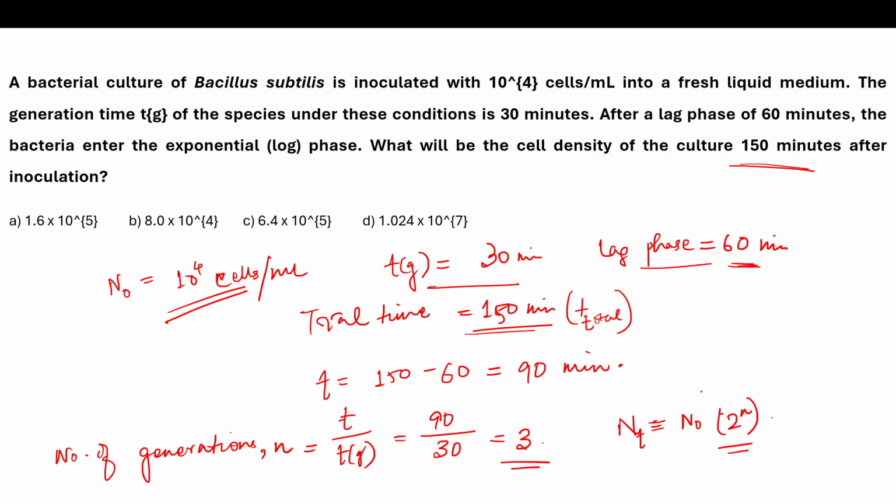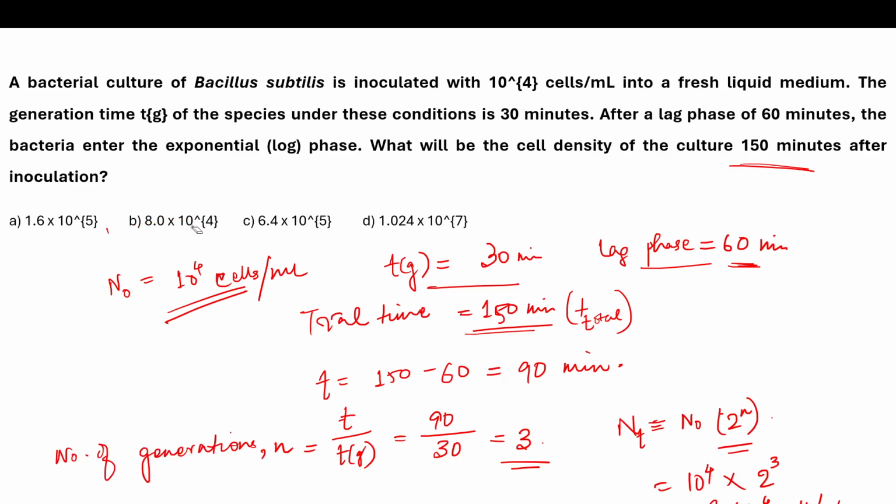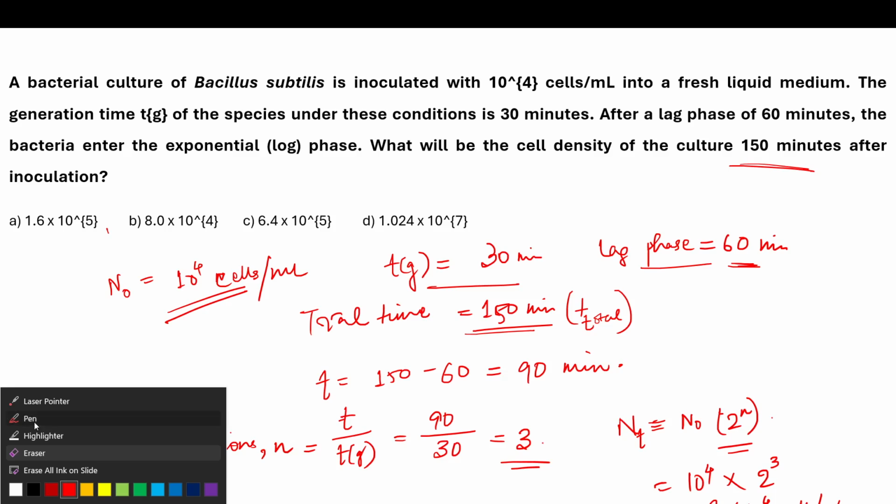There's exponential division in the log phase, right? So initial is 10 to the power 4, times 2 to the power number of generations 3. So 8 into 10 to the power 4 cells per ml. The correct option is option B.